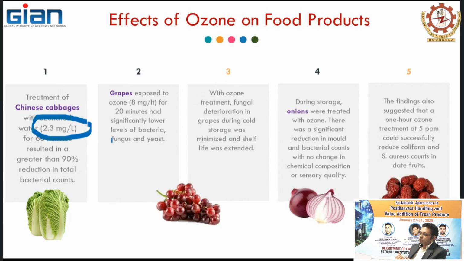So at 6 minutes they found an optimized condition where they were able to reduce the bacterial count by 90%. For grapes, product to product there are differences in the concentration we may utilize as per requirement. For grapes, for bacteria, fungus or yeast, the reduction improved with concentration up to 8 milligram per liter, but the time was reduced to 20 minutes.